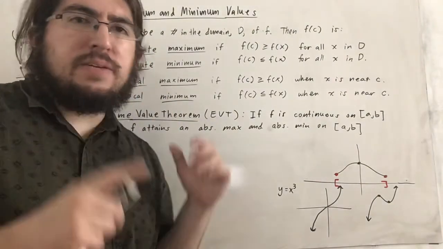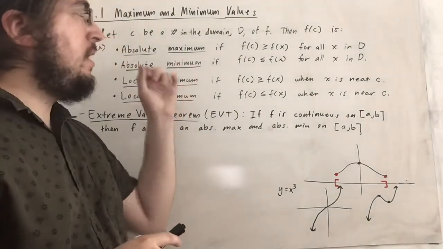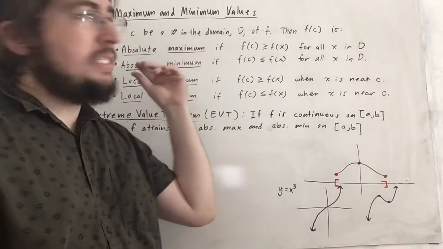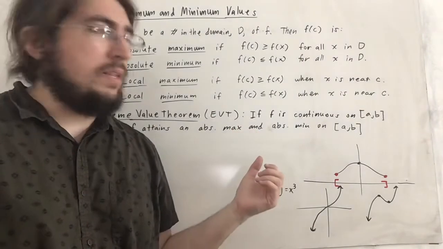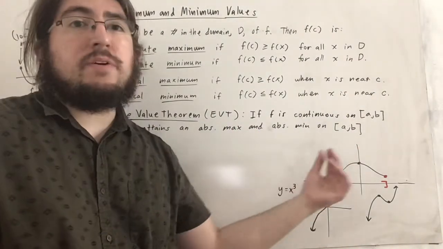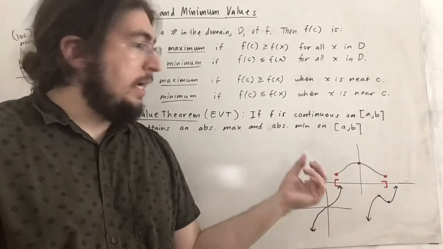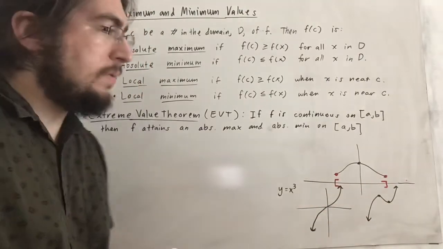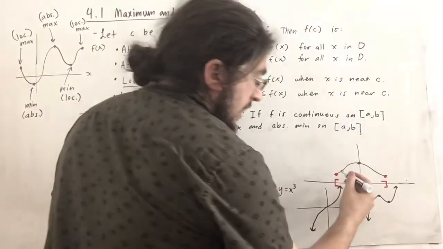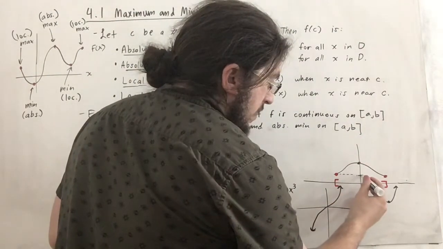But it's weird because if you look at the wording here, f of c is an absolute max or absolute min. f of c is a y value. So you could have two different locations for an absolute minimum in this case, but you'll still have only one absolute minimum. So for instance, let's say these both correspond to the same y value.